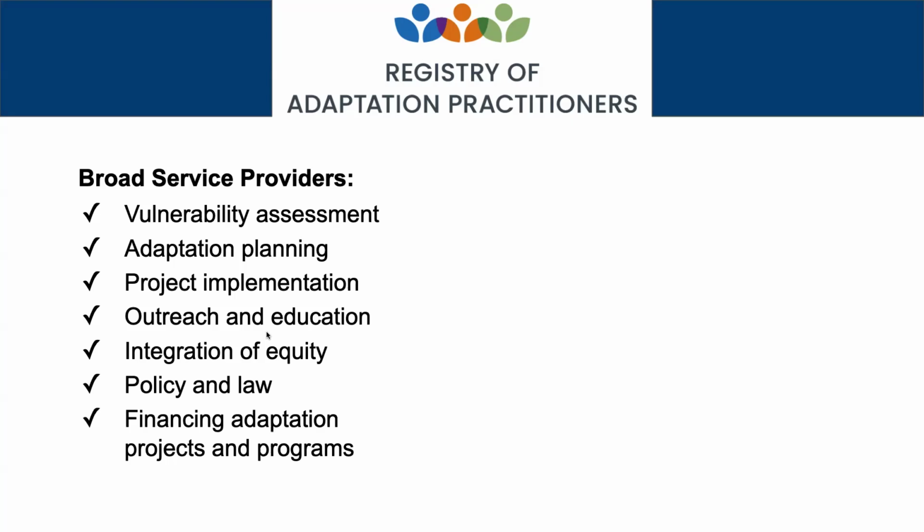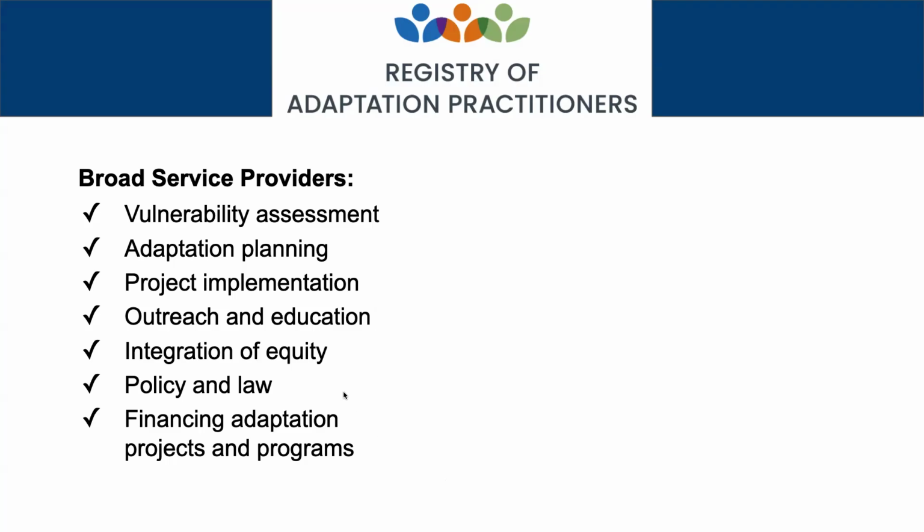So for instance, at EcoAdapt, we can walk into a lot of different kinds of situations and say we can bring an adaptation perspective and provide support with adaptation across all sorts of different sectors and hazards and that kind of thing. And so these are the services that the broad service providers provide. They don't all provide all of these, but these are the big groupings, and these match the filters that you saw earlier.